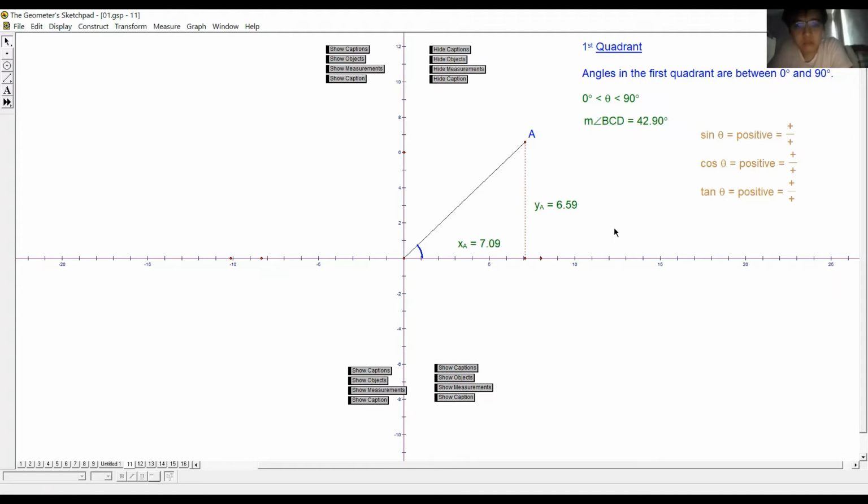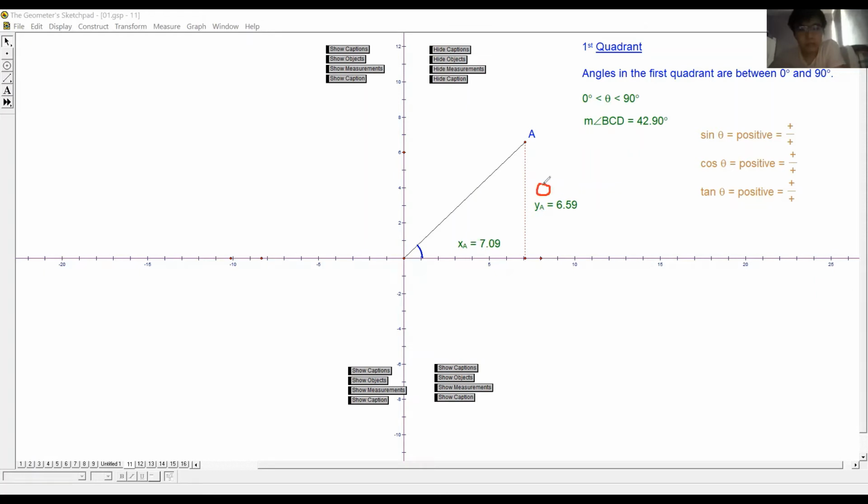Now let's say I want to find the sine of this angle. Sine theta is defined as opposite over hypotenuse.